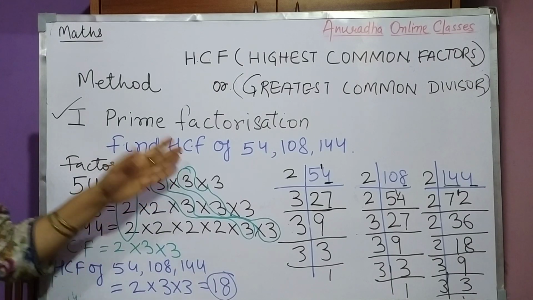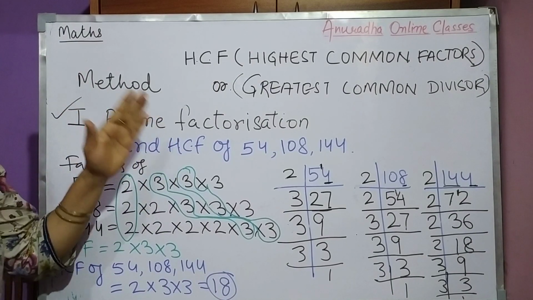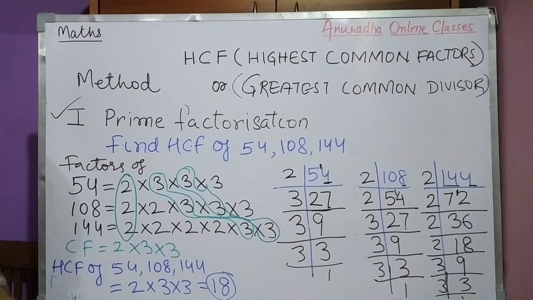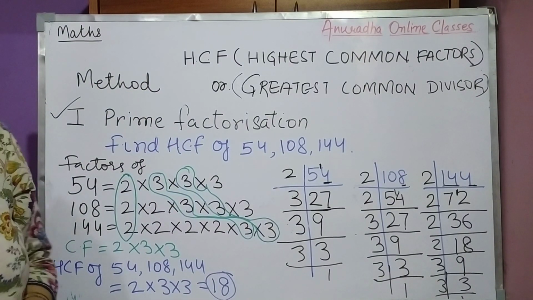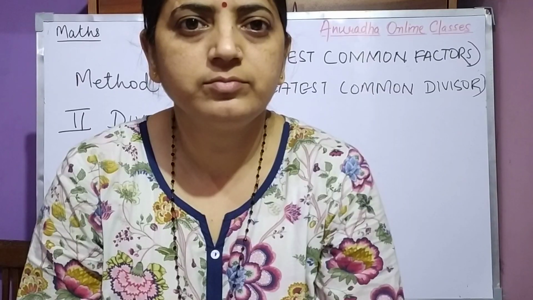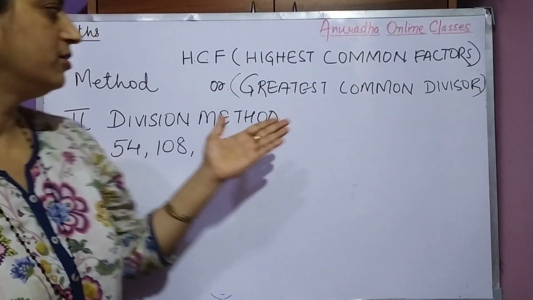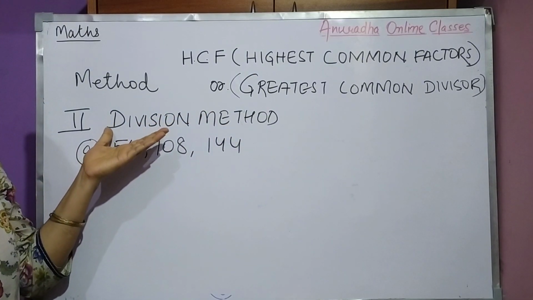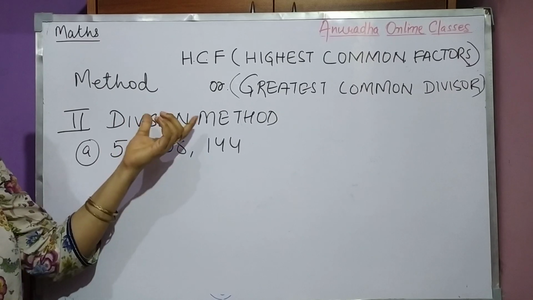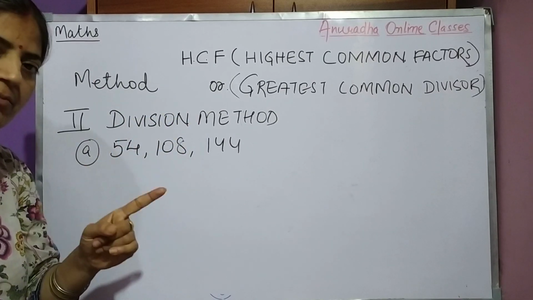So children, I think prime factorization method is clear to you for finding out HCF. Now let us come to the next method. So children look here. Now we have to do the HCF by using division method. This is the second method.